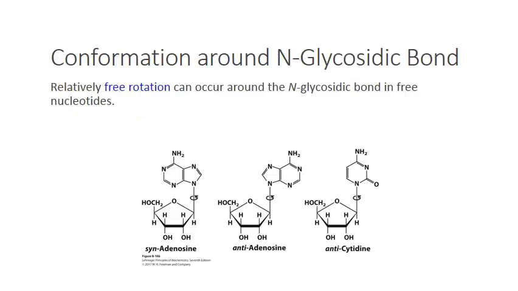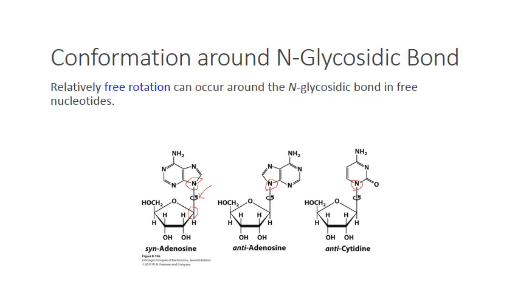So again, we're talking about the bond here between this carbon on the sugar and the nitrogen on the nitrogenous base, depending on if you're a purine or a pyrimidine. So that bond, that glycosidic bond right there, oh, I'm still not good at drawing this, has free rotation. So it allows the base to rotate in either direction.